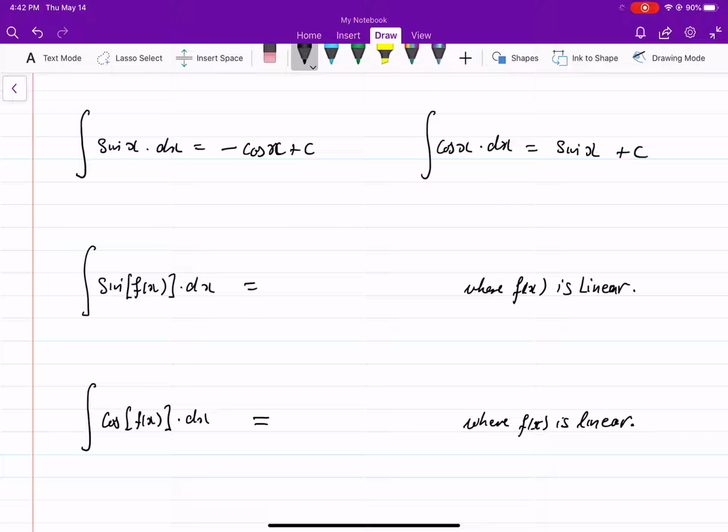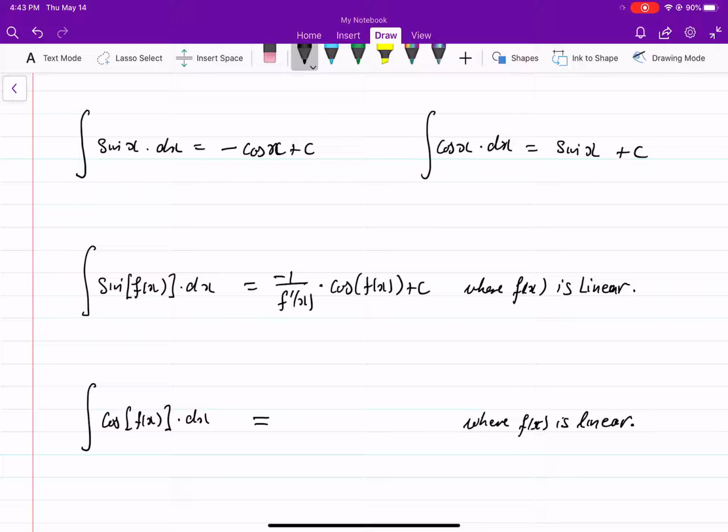So the rule is as follows. It's minus 1 upon f prime of x times the cos of f of x plus c.